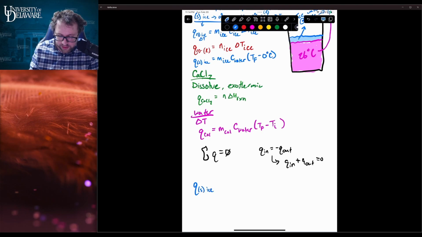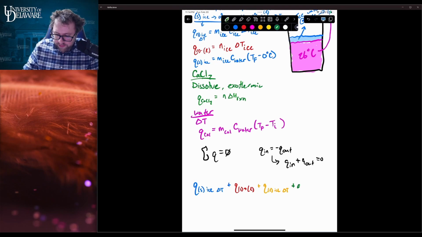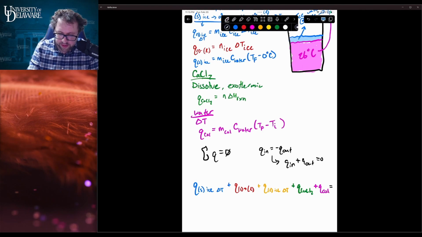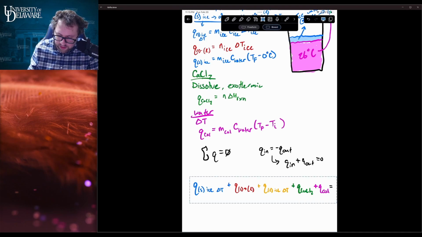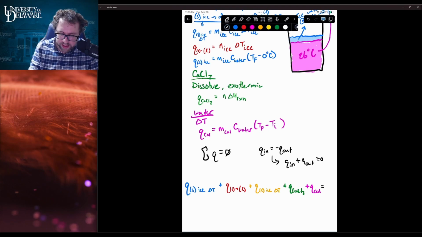So the solid of our ice undergoing that temperature change, plus the solid to liquid phase change, plus our liquid ice undergoing the delta T, plus our calcium chloride, and lastly our calorimeter, all adds up to 0. I'm going to have to move this whole thing over just so I can fit the 0 in. All adds up to 0, right?